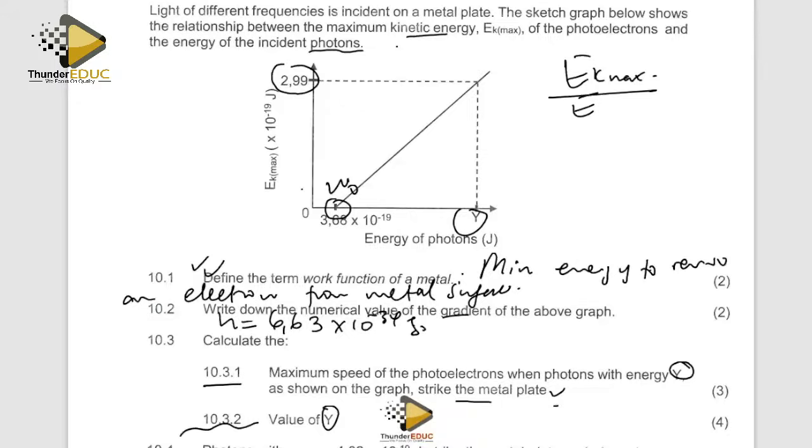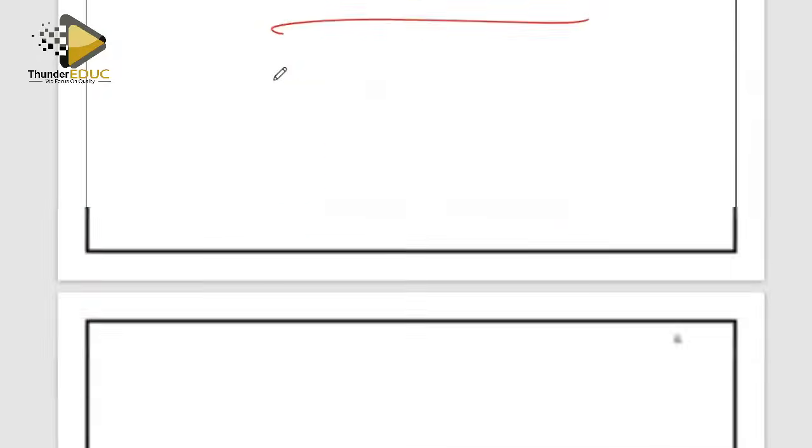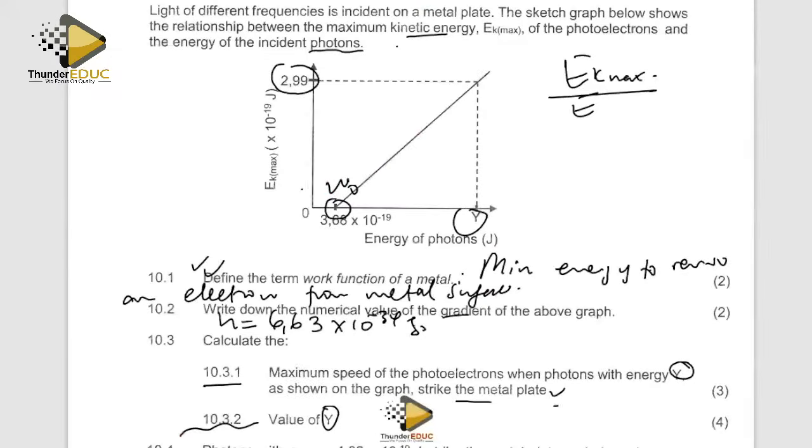Yes. I'm seeing a formula here that says that E is equivalent to W naught plus EK max, maximum kinetic energy. Now, the energy that we need is what we are calling the Y.